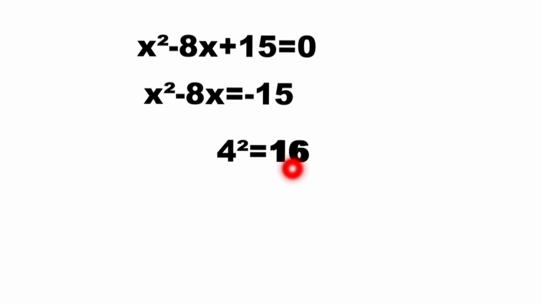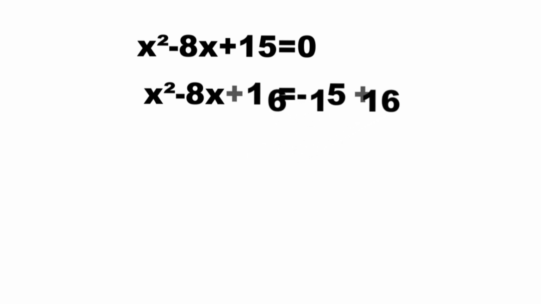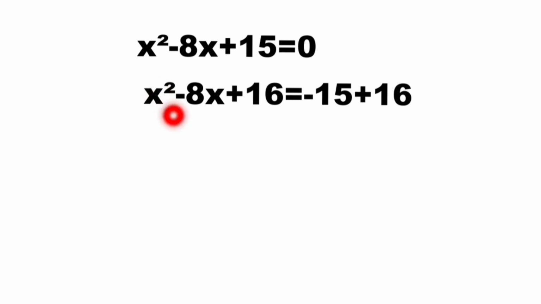And this 16 is the number that we are going to add to both the left side and the right side of the equation. So x squared minus 8x plus 16 equals negative 15 plus 16.